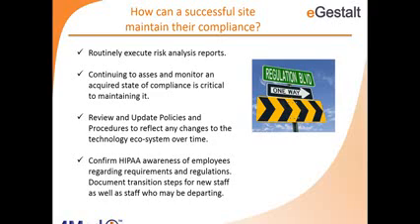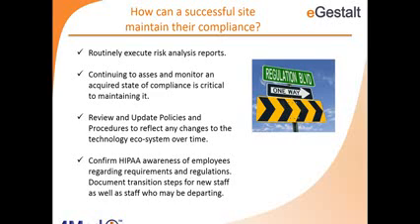So how can you maintain your compliance and security status? You need to repeat your risk analysis. You need to continuously monitor your security and compliance status. And you need to make sure that your policies, procedures, and training are up to date. And as new threats and new vulnerabilities emerge, you need to make sure that they are being tracked and monitored so that you're able to maintain your security and compliance posture.